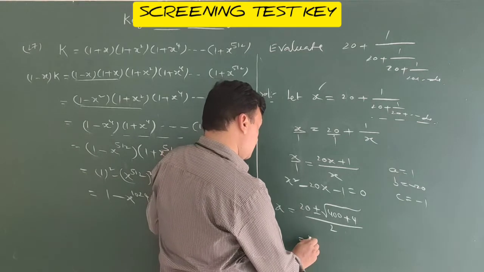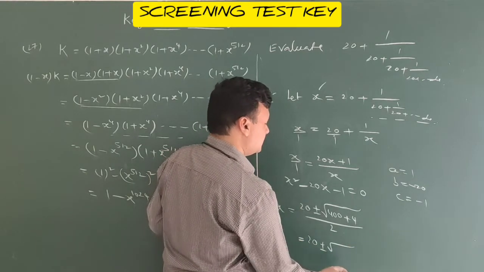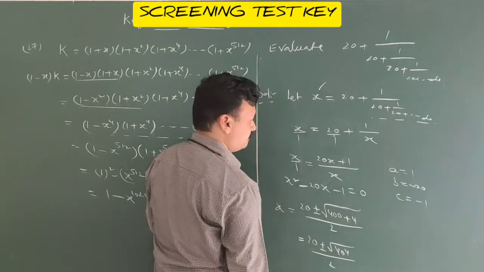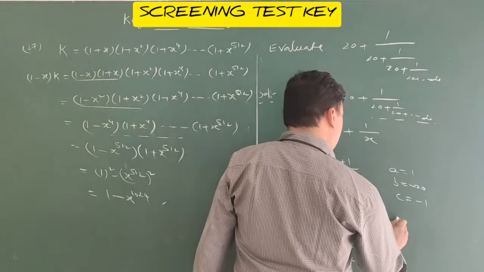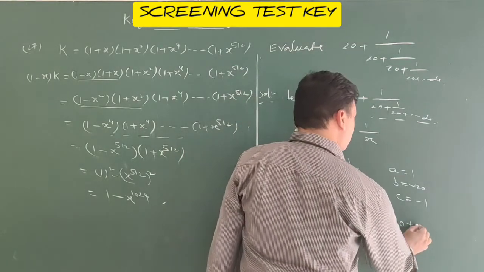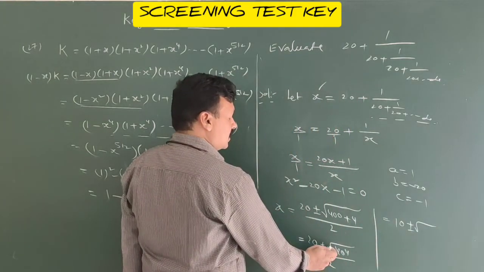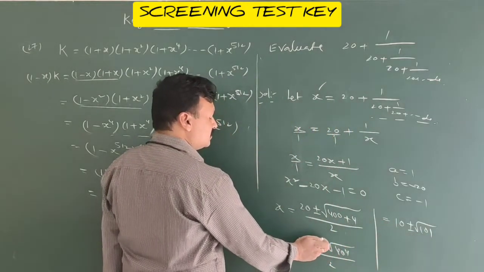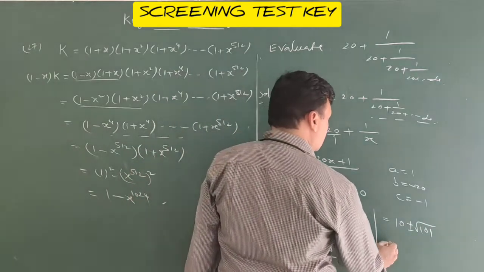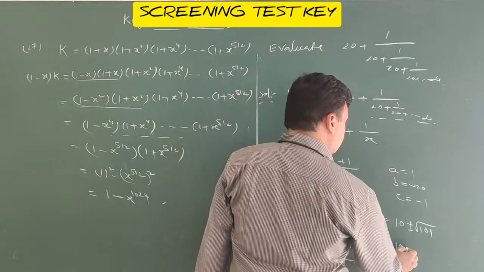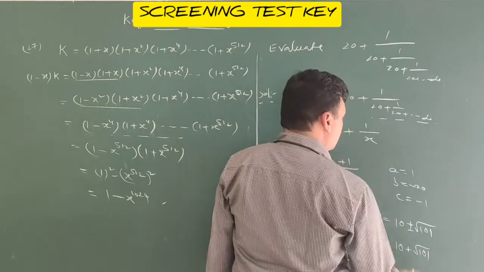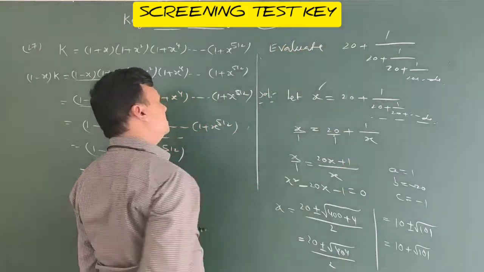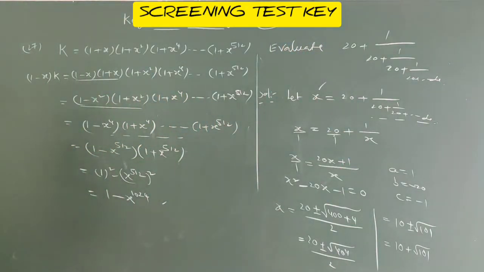So here 20 plus or minus root of 400 plus 4, 404, by 2. So 10 plus or minus root 101, since 4 into 101, 4 becomes 2, and 2 and 2 get cancelled. 10 minus root 101 does not exist, because it leads to negative.